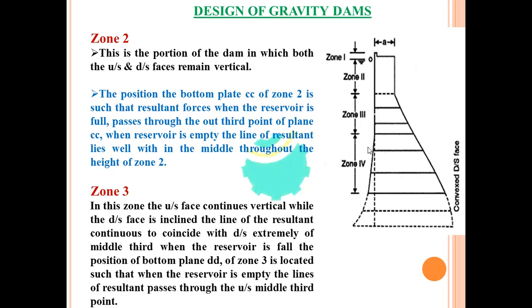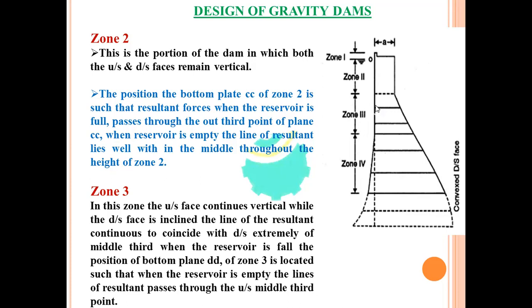Next, zone 3. In this zone, the upstream face continues vertical while the downstream face is inclined. The upstream side is a vertical line, but the downstream shape is changed to slanting. In zone 1, the top portion, and zone 2, both upstream and downstream are vertical.